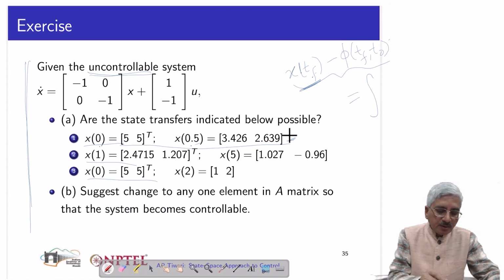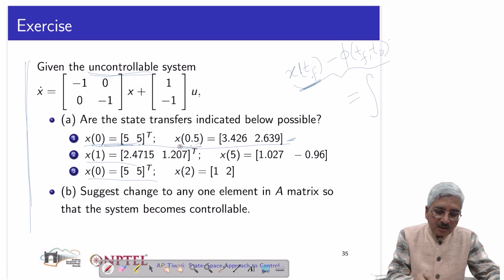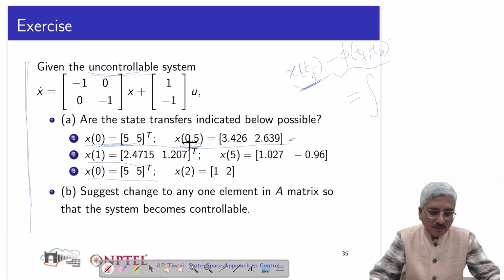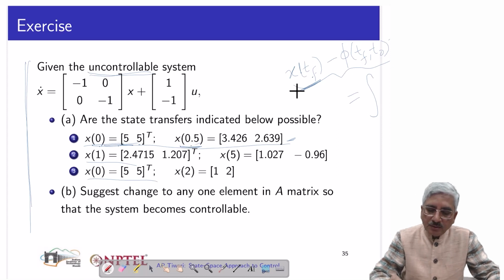So what you have to do, you have to check whether x0 can be expressed as linear combination of b and ab, and whether x.5 can be expressed as linear combination of b and ab. If the answer comes yes to both, then this state transfer is possible. However, if the answer doesn't come yes to both or any of these, then you need to check the second step.